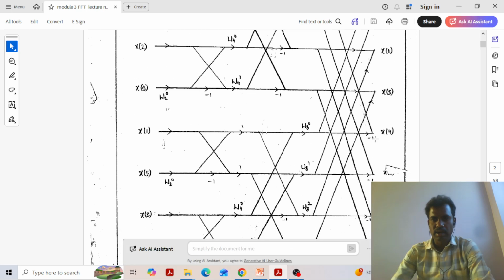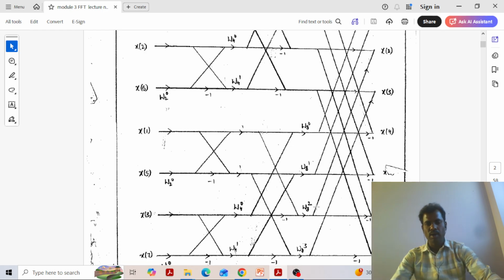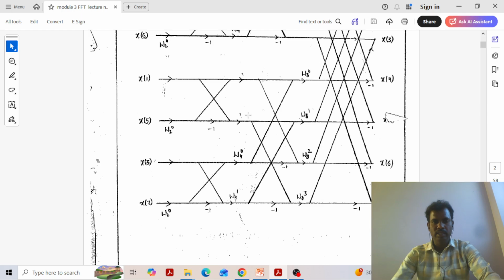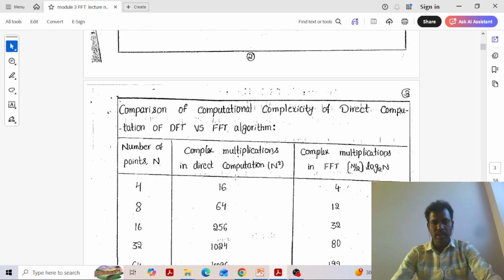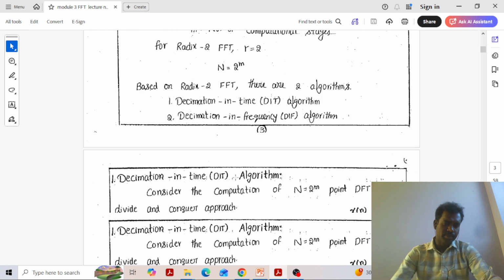After subtraction we will find the other half of the values. So this is called the butterfly diagram. In decimation in time, the twiddle factors are multiplied before the butterfly stage. But if you take DIF, it will be in the opposite direction.